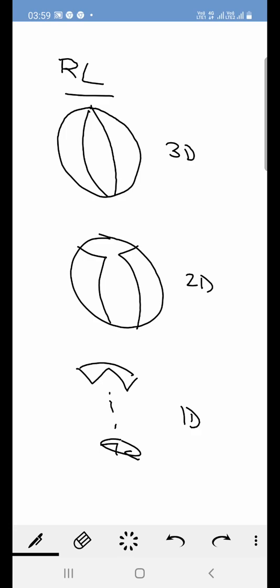Now, the 3D photonic crystals are also called the opal structure.